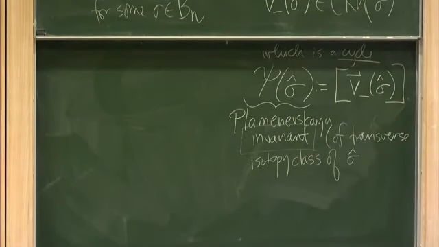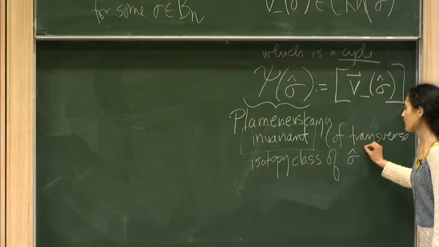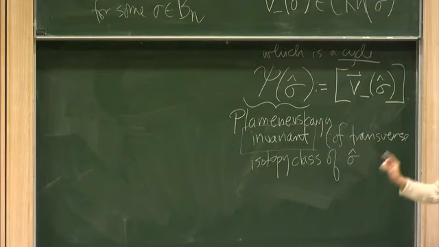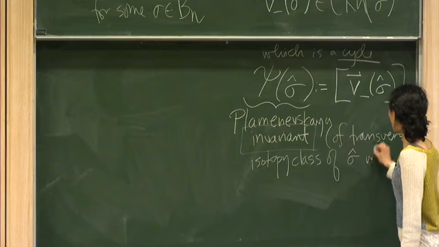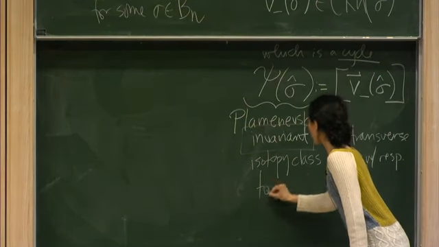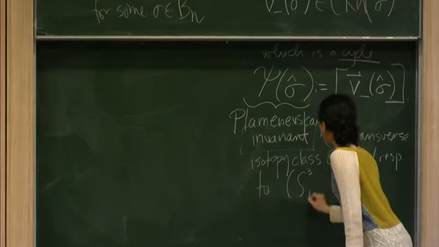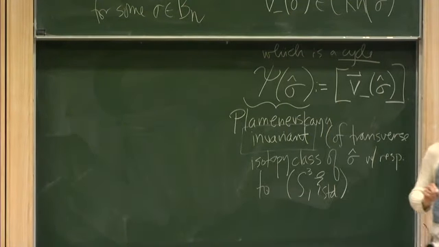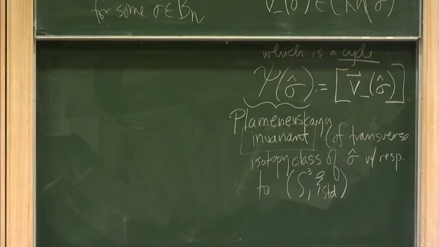Of this braid closure. I won't say much about transverse isotopy today. I will say a little bit next time. So with respect to the standard tight contact structure in S3, which I think Andy talked a little bit about in his mini course.